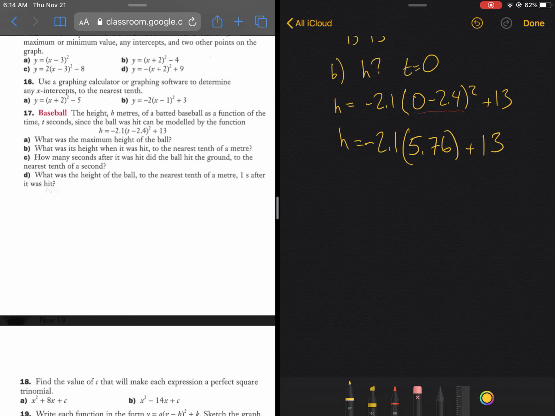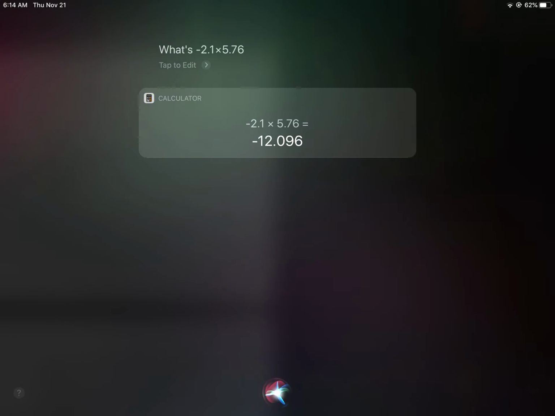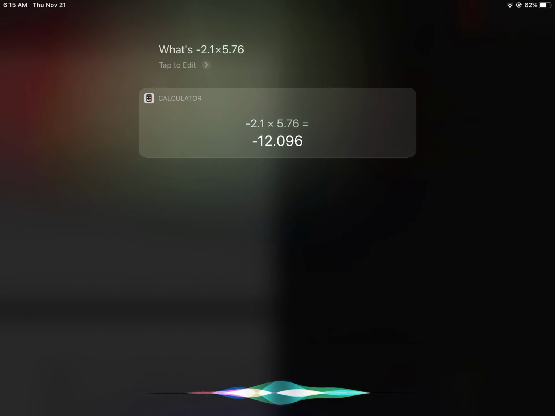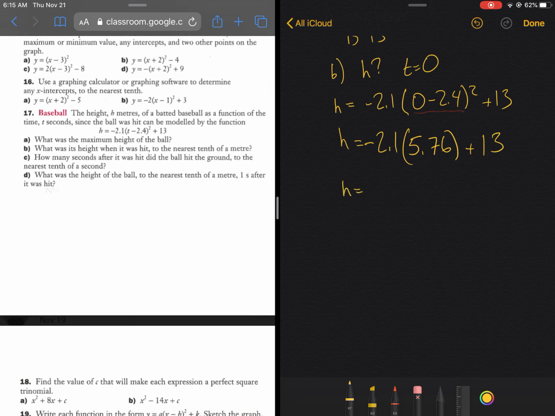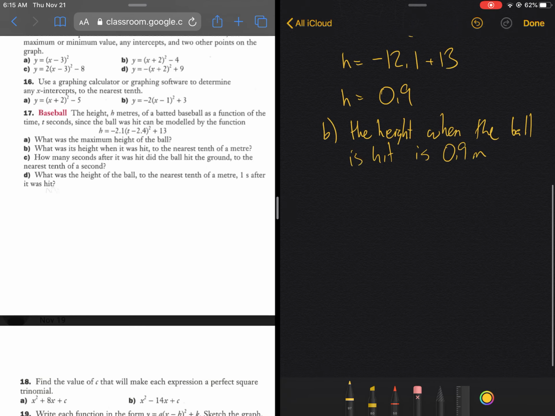What comes next? h equals negative 12.1 plus 13. h equals, well, that we can do, 0.9. 13 minus 12.1 is 0.9. So B, the height when the ball is hit is 0.9 meters, which makes sense as well.